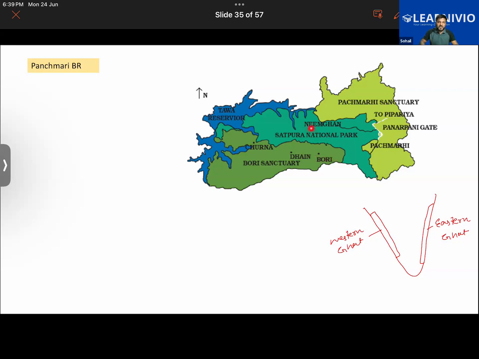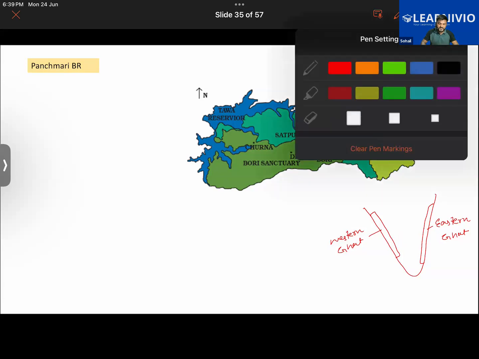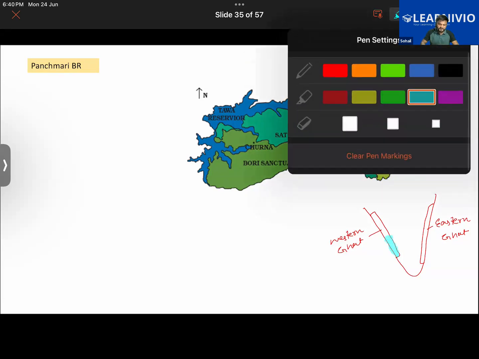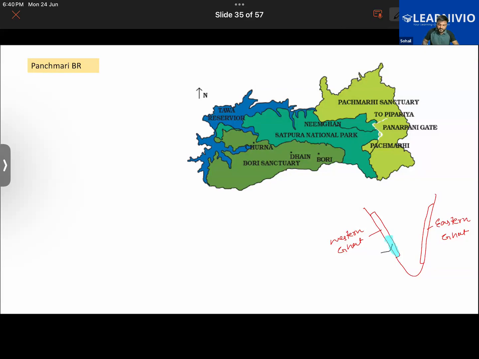So the kind of plants and animals that are found in this Pachmarhi Biosphere Reserve would be found in the lower Western Ghat as well. They would be found in this region as well. Getting it, guys, now? So it will be found over here. Furthermore, it would be found in the upper Himalayas also, upper peaks of the Himalayas. So in that sense, it is quite unique.